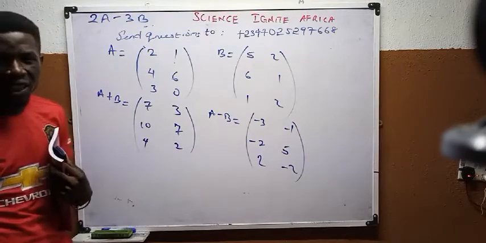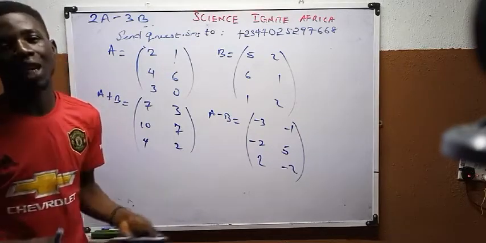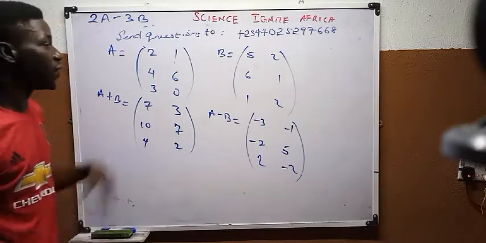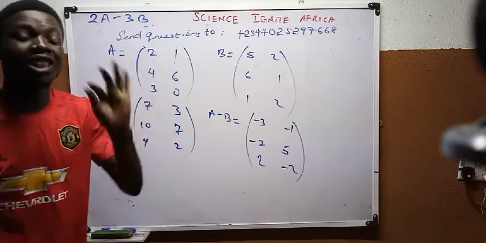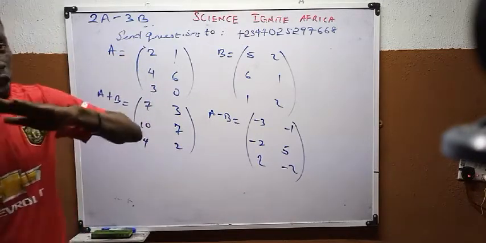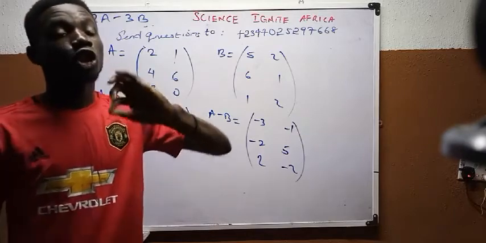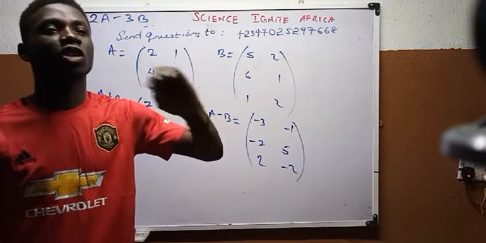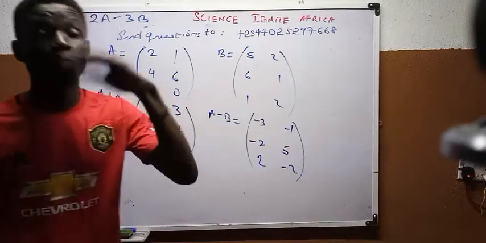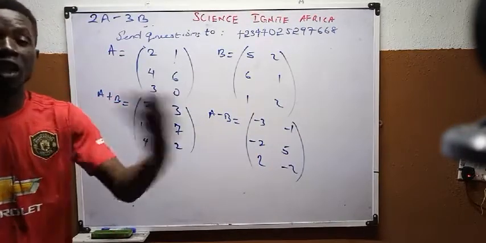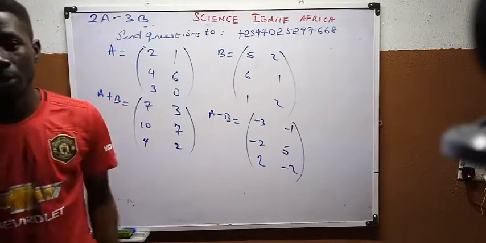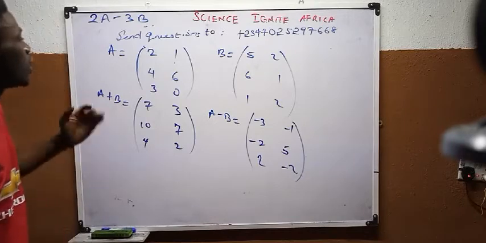It's very easy. It's just like you are opening a bracket. In fact, a lot of things we'll be doing in matrix is just like opening a bracket. Even multiplication of matrices, that seems very difficult for people, is just like opening a bracket. Just calm down as I will explain everything very soon.